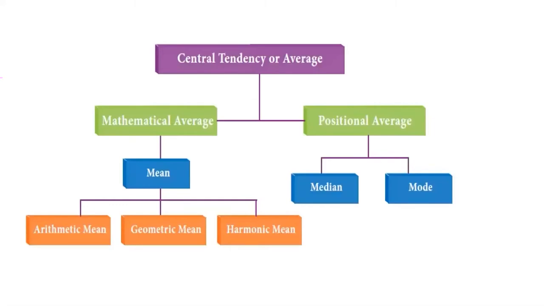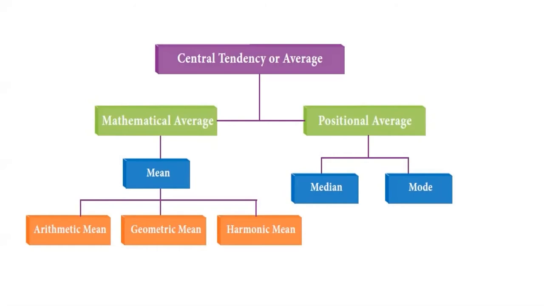Central tendency is also called average. The average is classified into two groups. One is the mathematical average, where mathematical operations are used to calculate the average, and another is the positional average, which is related to the position of the value. In the mathematical average, we have the mean, which is mainly of three types: AGH, that is arithmetic mean, geometric mean, and harmonic mean.